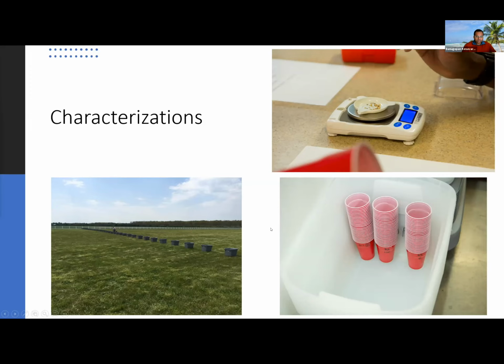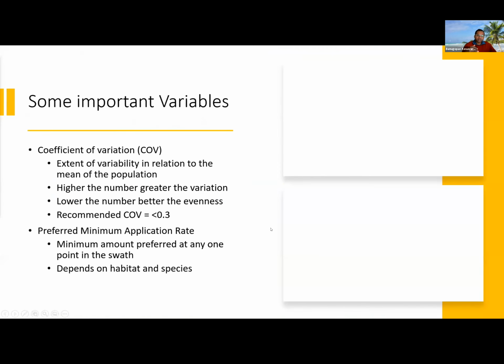Now, some of the important variables that go with these characterizations. Coefficient of variation. I'm sure many of you would have heard about coefficient of variation, but that is an important variable when you're doing these larval granular characterizations. What does it measure? It measures the extent of variability in your application.